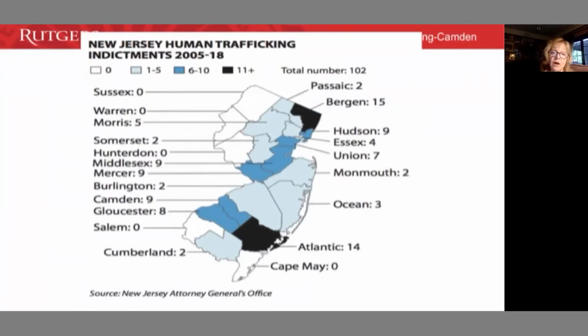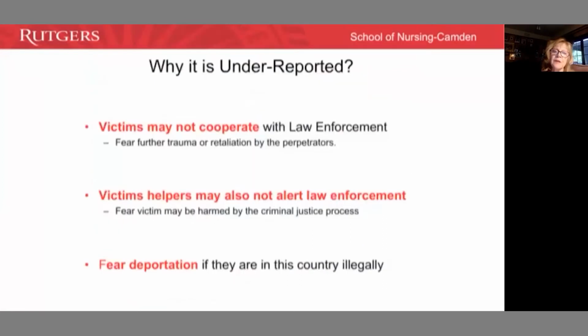And that's because it is very difficult to actually prove that trafficking has occurred. And the reason why is that it's underreported. And in the next slide, you can see the reasons for this underreporting.